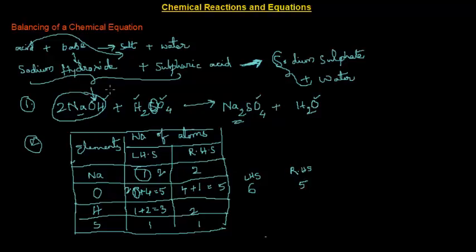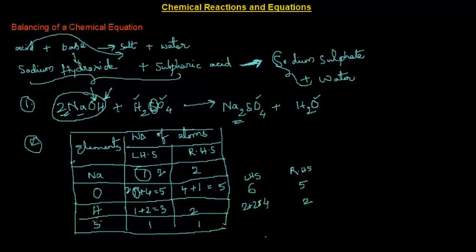Now hydrogen has also changed because I have written 2 here. This belongs to sodium, oxygen and hydrogen. Therefore, number of hydrogen atoms on LHS has changed. I have to write 2 plus 2, which is equal to 4, and here I have only 2.